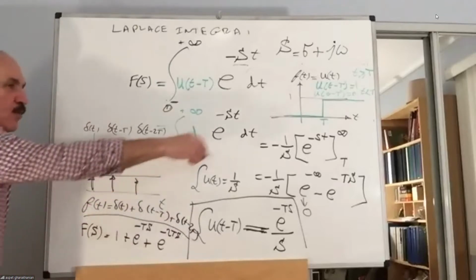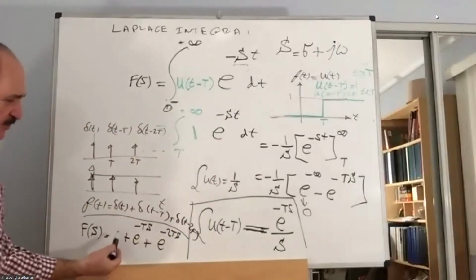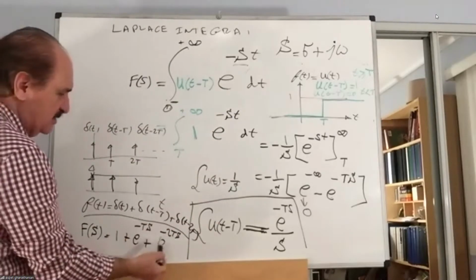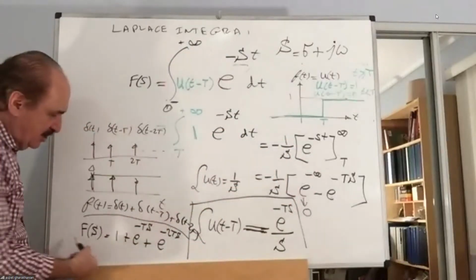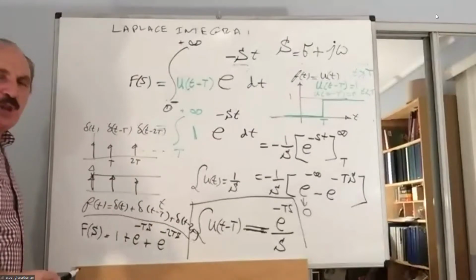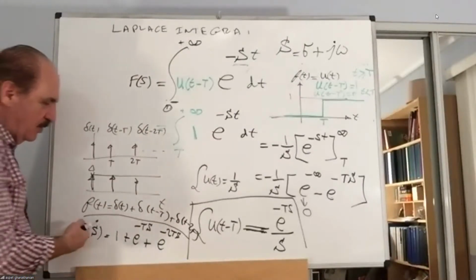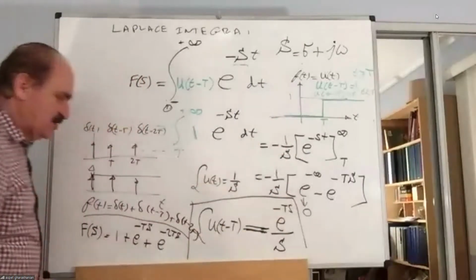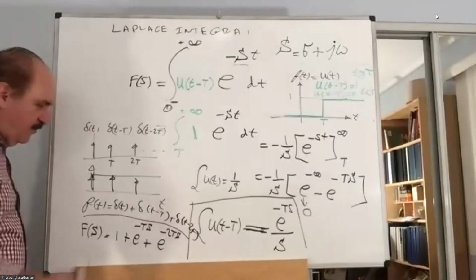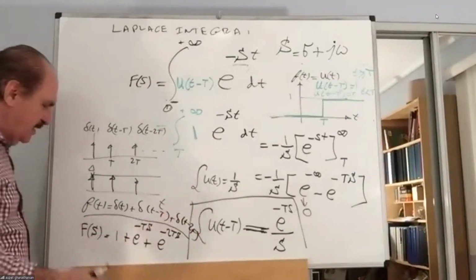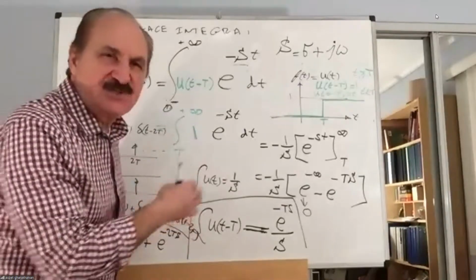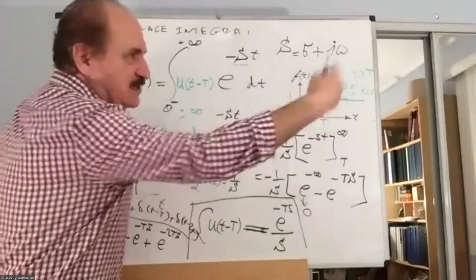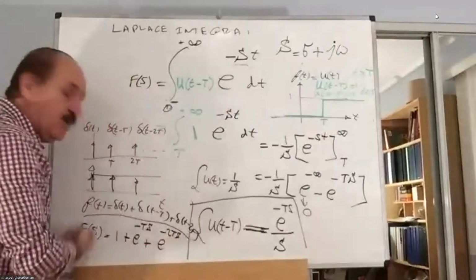If there were more and more samples, it would go 1, e to the minus Ts, minus 2Ts, minus 3Ts, minus 4Ts, etc. It will give you a whole lot of terms, a formation of an S-domain presentation of impulse waveforms, samples, but in the S-domain.